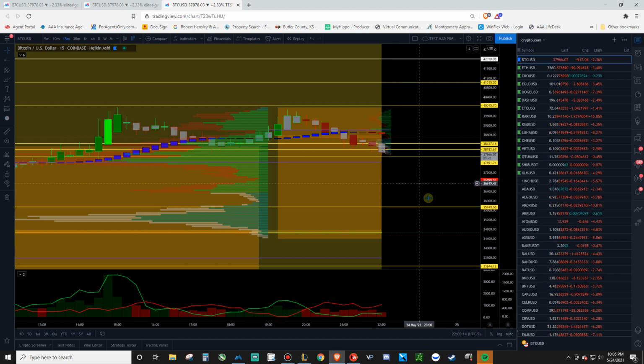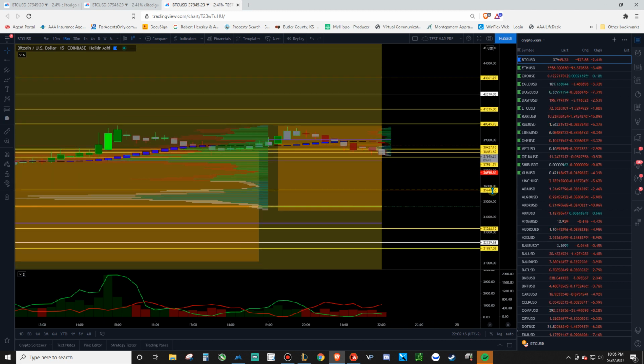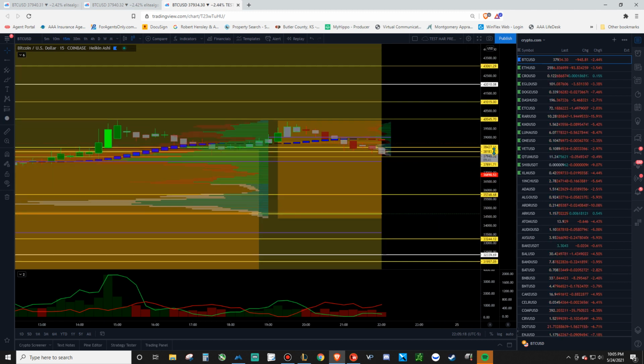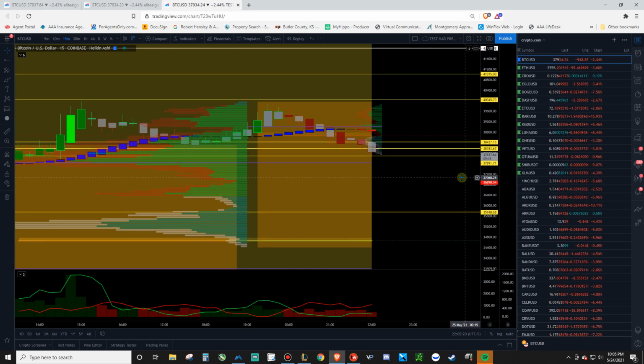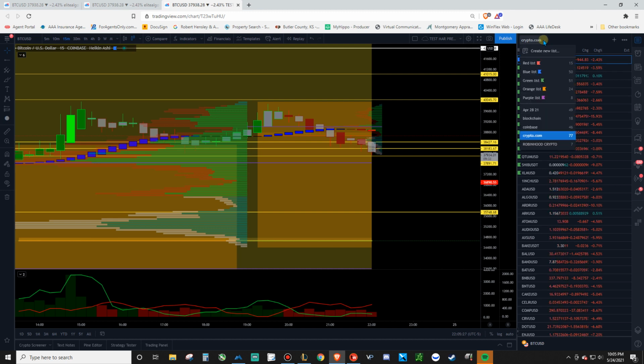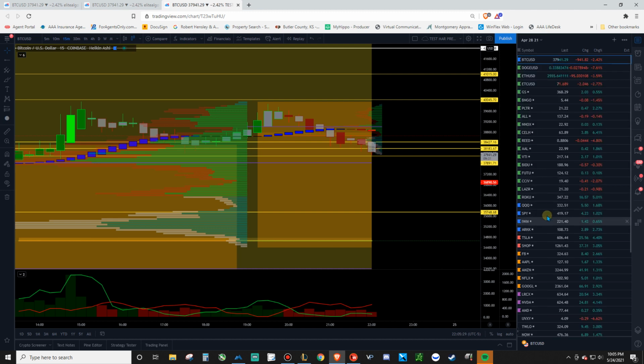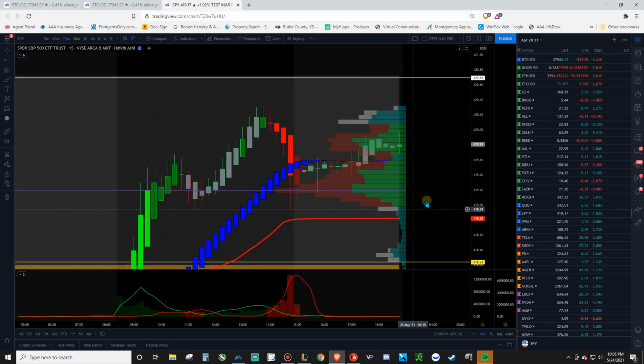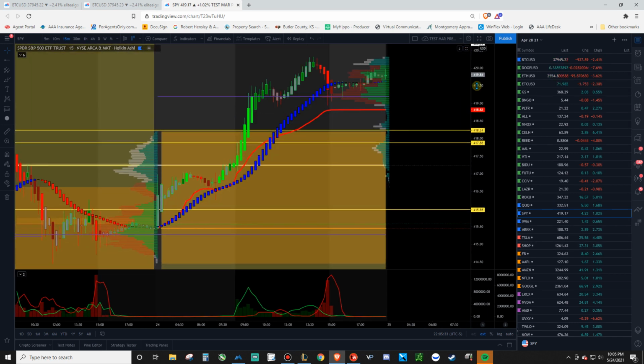I've always used those two things, but having those ranges printed there for you, it helps you because you can just look at a chart right away and sort of see the play already there.